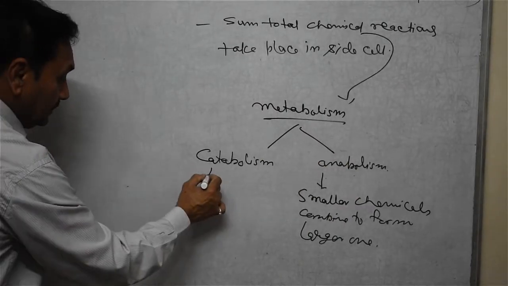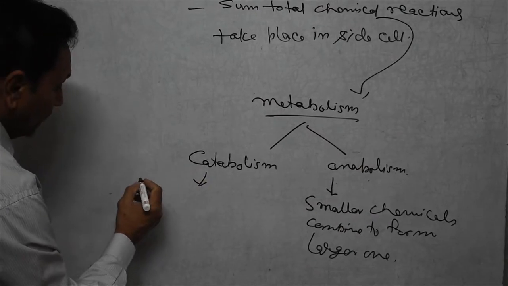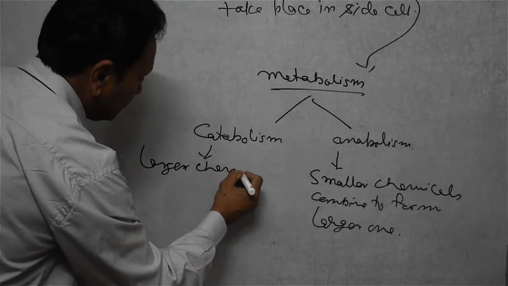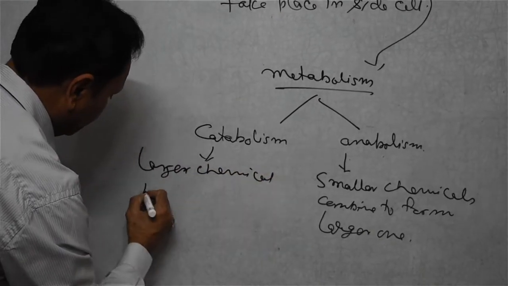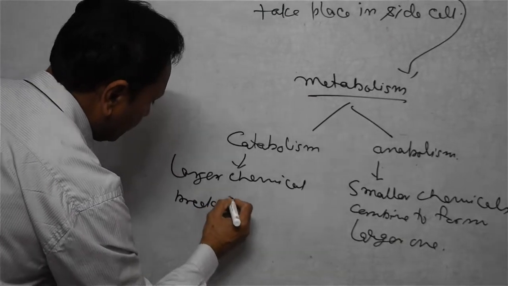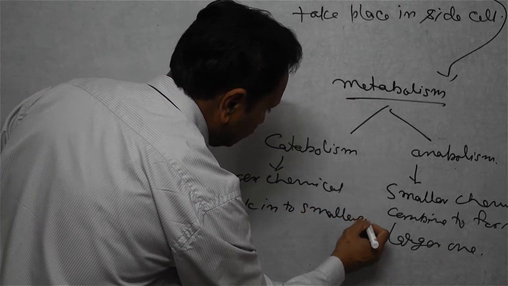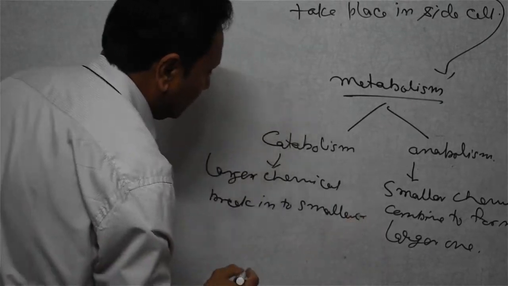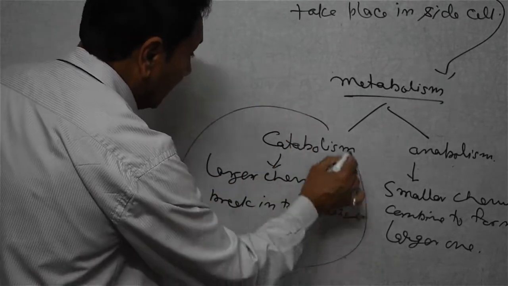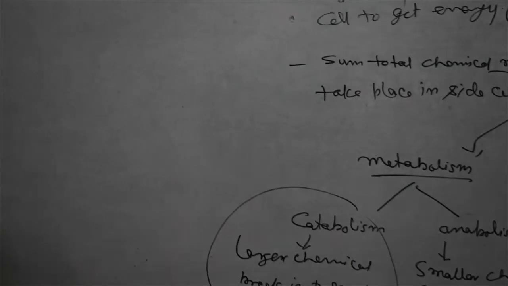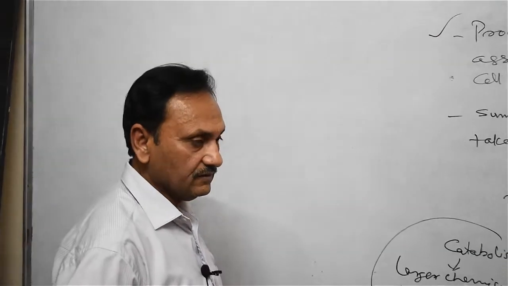And in catabolism, the larger chemicals break into smaller ones. Mainly it has been observed that during respiration, this catabolic activity takes place. So we can say that catabolism is respiration.